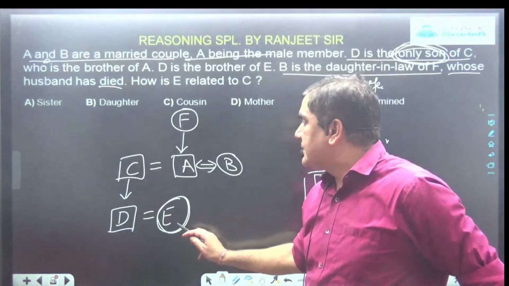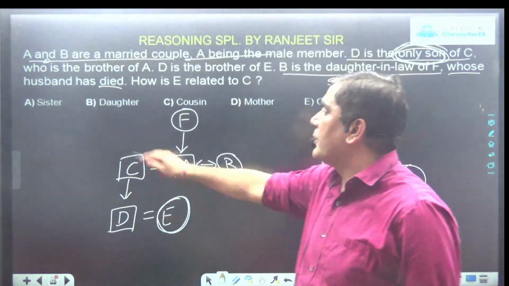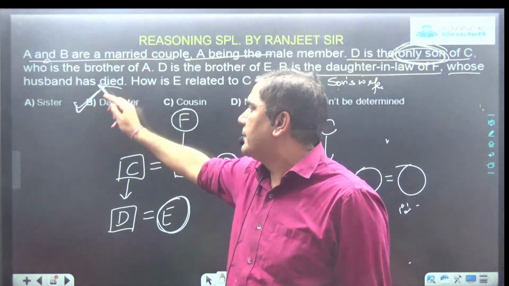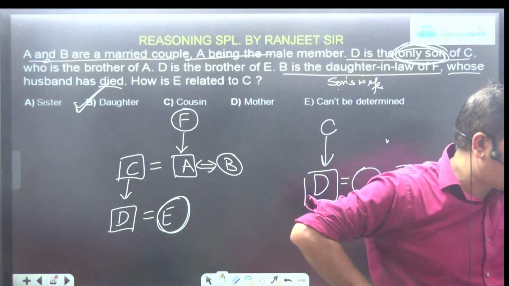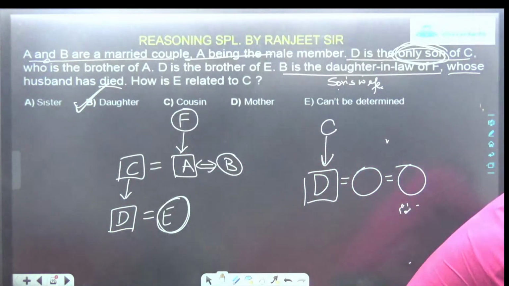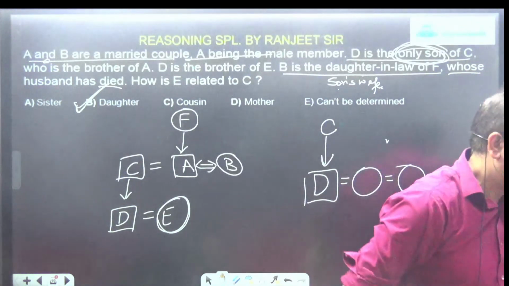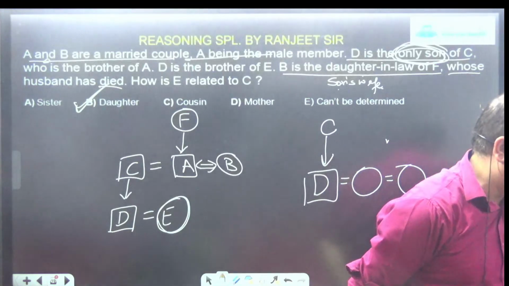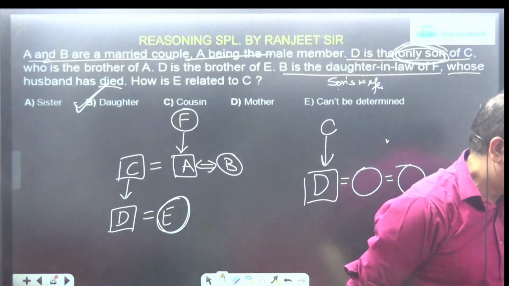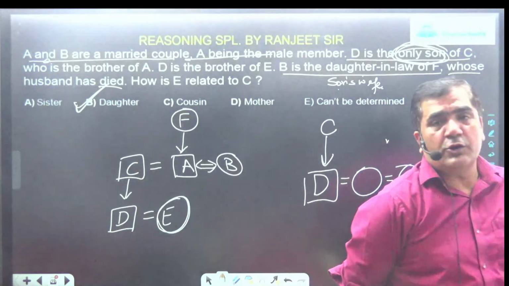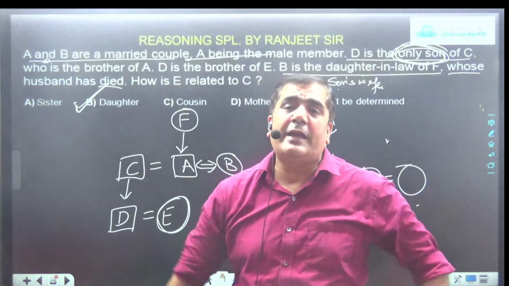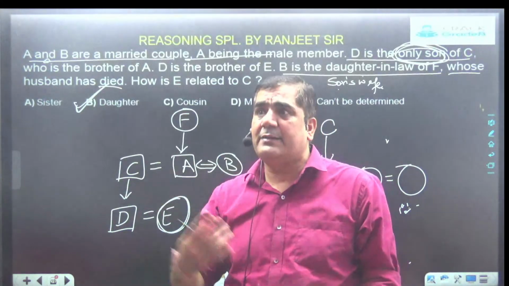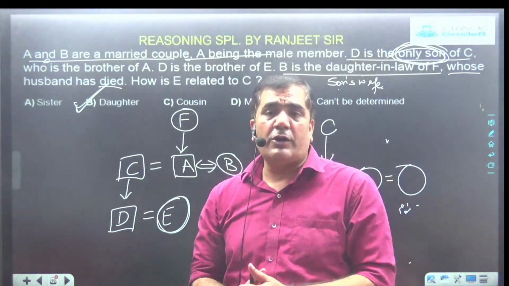So I will say E is nothing but daughter of C. So answer should be B. Answer should be B. Clear? LK, I think I am clear now. Whenever the word only comes, you need to be very, very careful in the exam, because only means nobody else can be the son or daughter of that person.